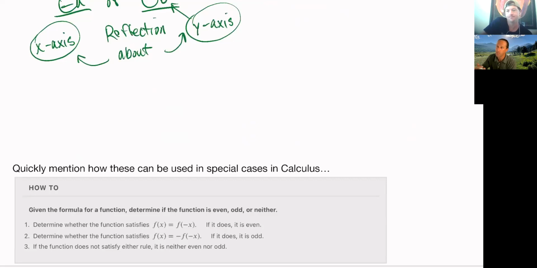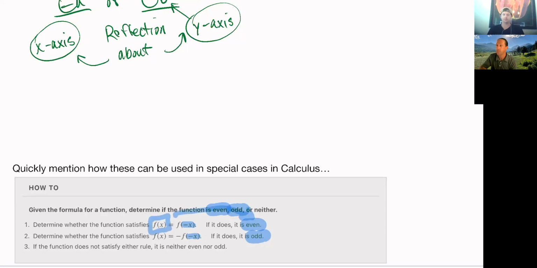The only thing I wanted to mention, which I kind of alluded to earlier, is this thing called even versus odd. You guys may have heard of that, but not with graphs, more so with numbers, obviously. But how do we tell if something is even versus odd? We throw in the negative value. And that negative value for x, if it comes out the exact same when you do that, then it's even.